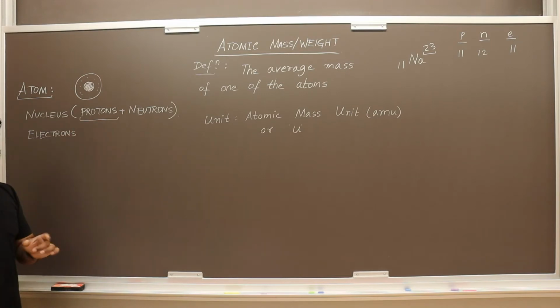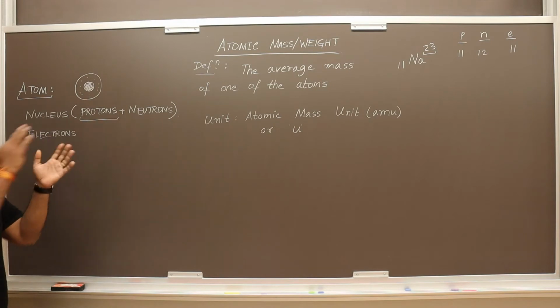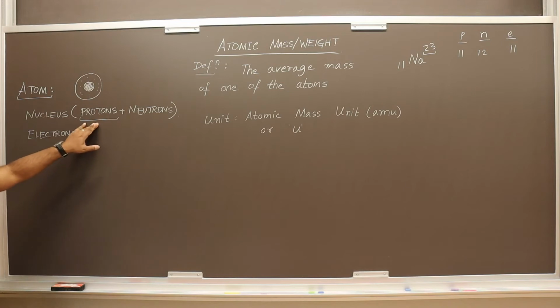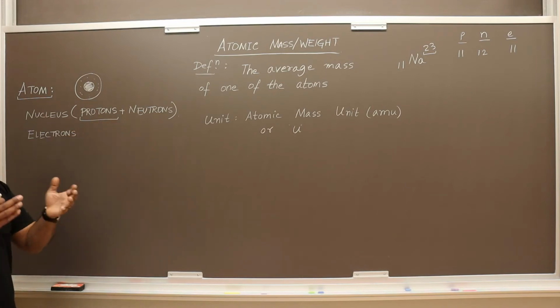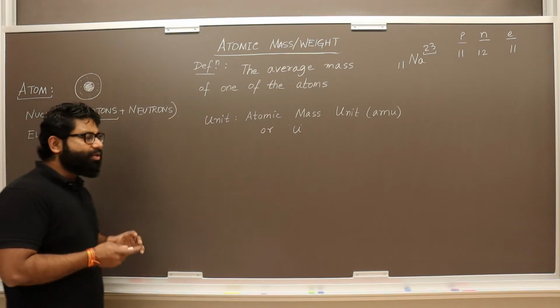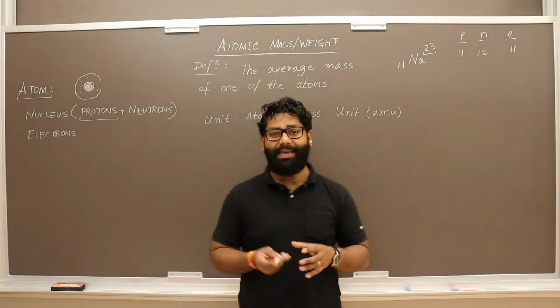We have discussed this in chapter 2 of this whole series, so to recapitulate, you can go back and read that chapter. Here, just remember that the protons and the neutrons more or less weigh the same, but the electrons are very light. In this regard, also remember that we discussed the concept of binding energy, right?